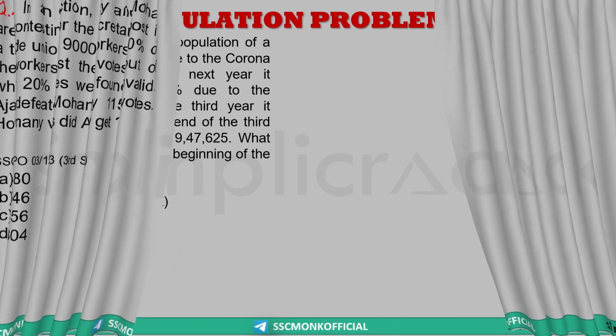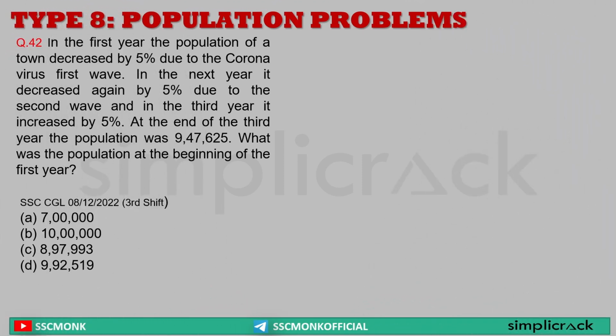Now, the next type. It is about what? Population. Now, in population problems, what is it saying? See, this is how the whole thing works.